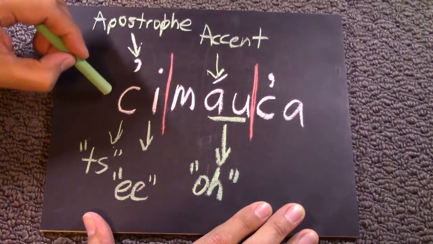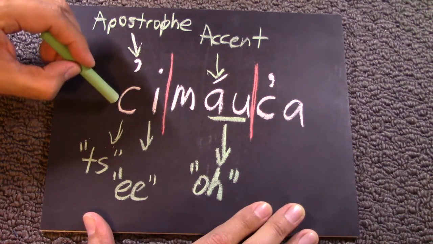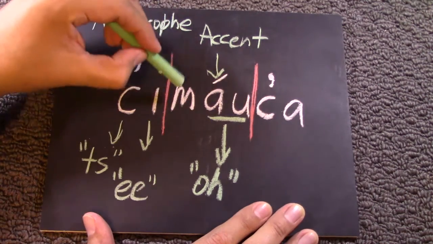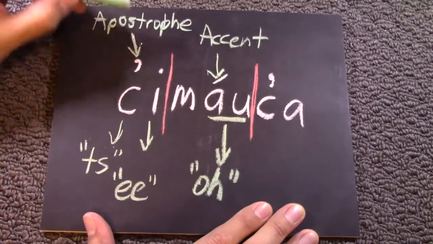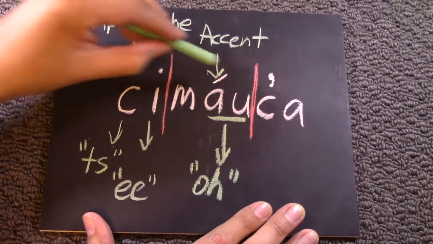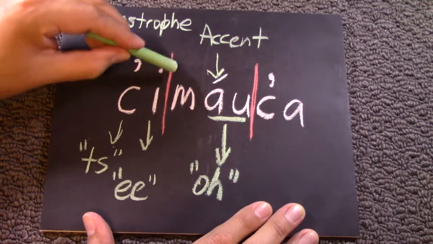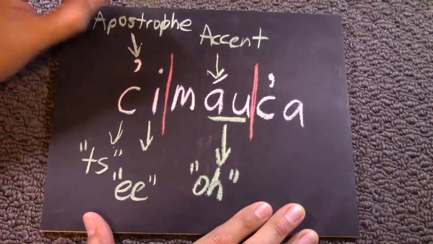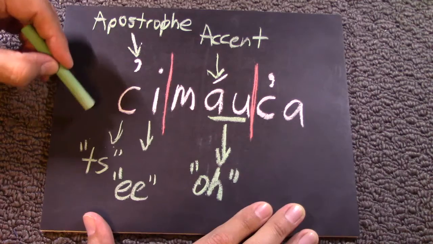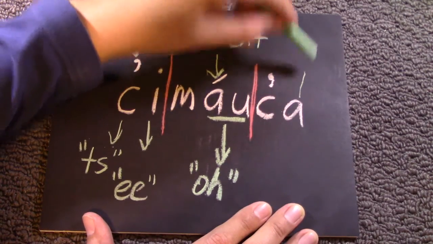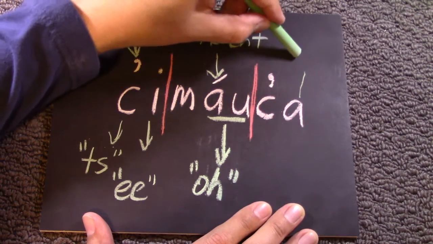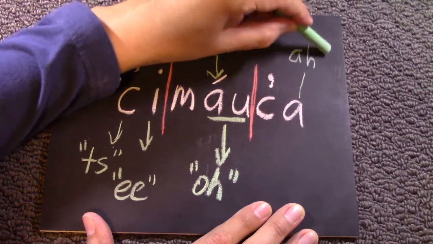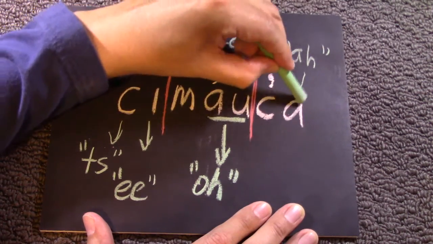So we're starting off with a lower tone with the first syllable, zi, mo, za. And then we have another glottalized C, making the t sound. And then we have the A, which is making kind of an ah sound.